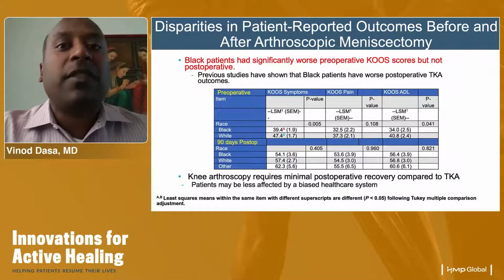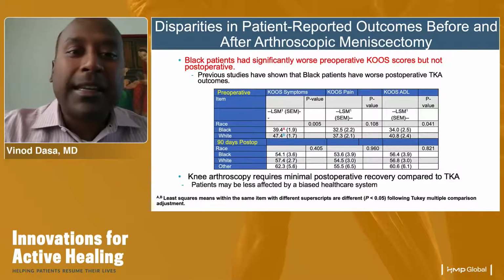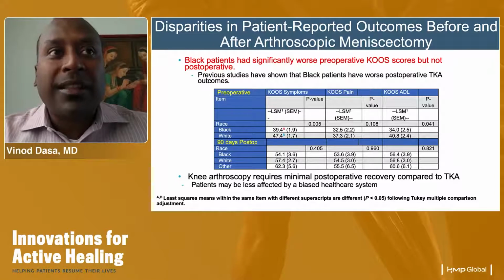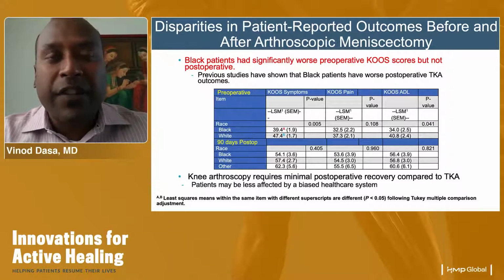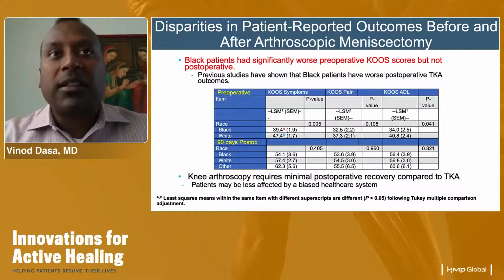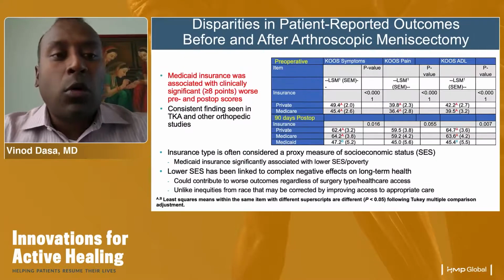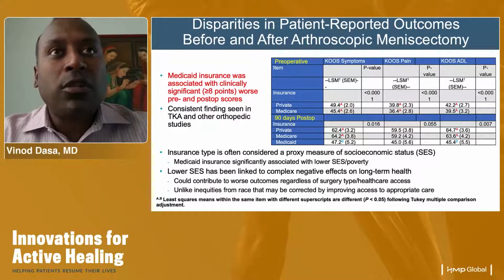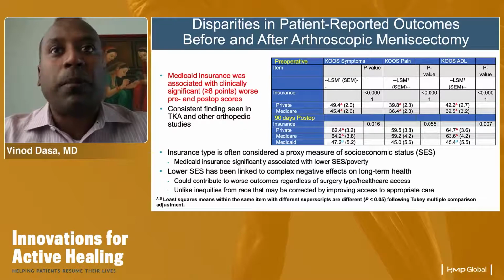So if given the chance, at least with a fairly bread and butter surgery that doesn't require a lot of resources and has a fairly straightforward postoperative recovery, we're able to level the playing field, if you will. What we did find, however, was a difference by insurance. The Medicaid patients did not do as well preoperatively and did not do as well postoperatively.